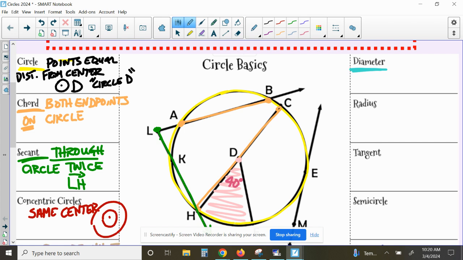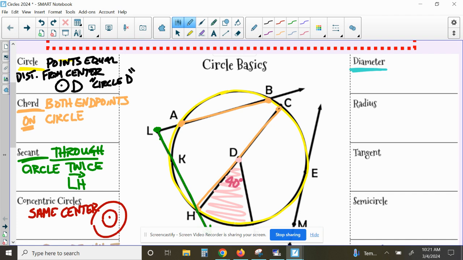Okay, diameter. What is a diameter? What has to be true about a diameter? Where does it start and end? So a diameter goes all the way across the circle through the center. So it's going to have endpoints on the circle and go through the center.